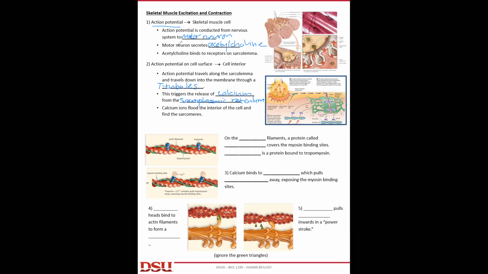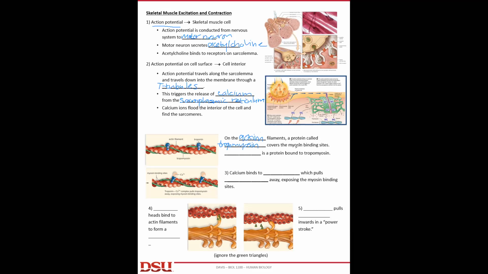Calcium is a positive ion, and when it's released, it floods the interior of the cells to find our sarcomeres. Okay? All right. On the actin filaments, remember this is the part that moves during muscle contraction. On the actin filaments, there's a protein called tropomyosin. Tropomyosin covers the binding site on myosin.